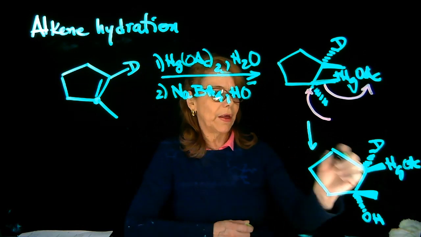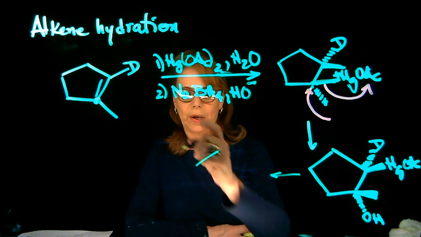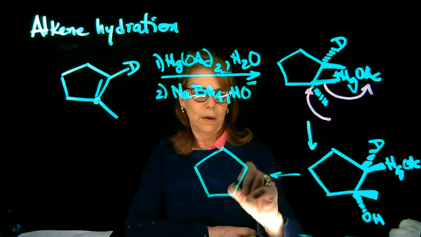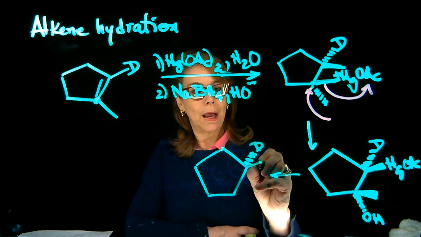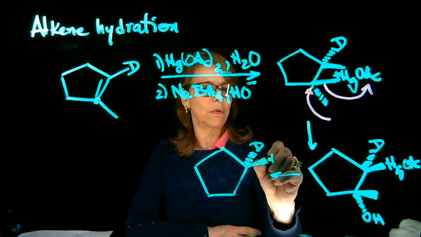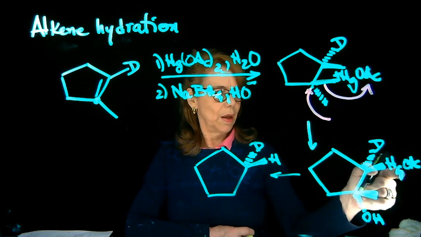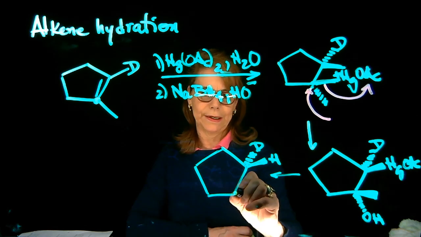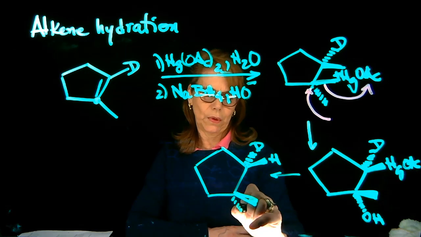So when I have that, and after we do the demercuration reaction, the final product is going to have here a D, an H. So in this step, we replace the mercury and acetate by an H. In here you will have the OH.